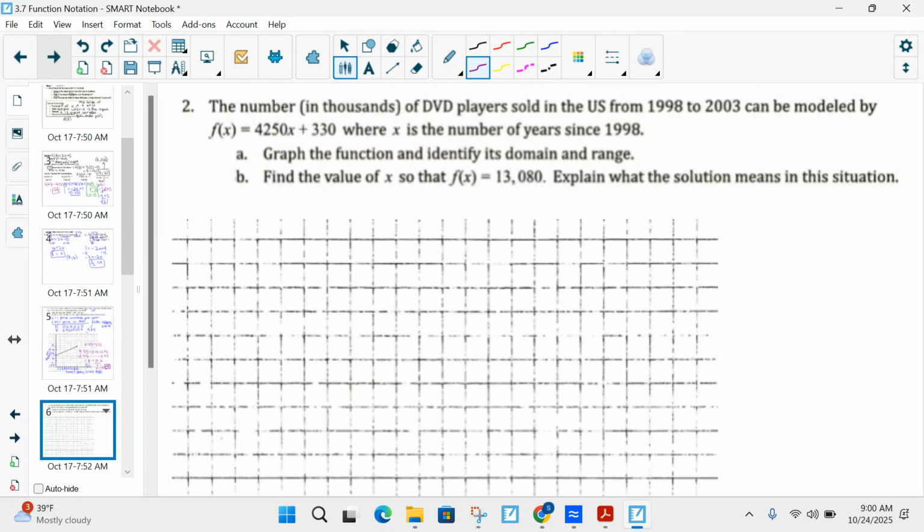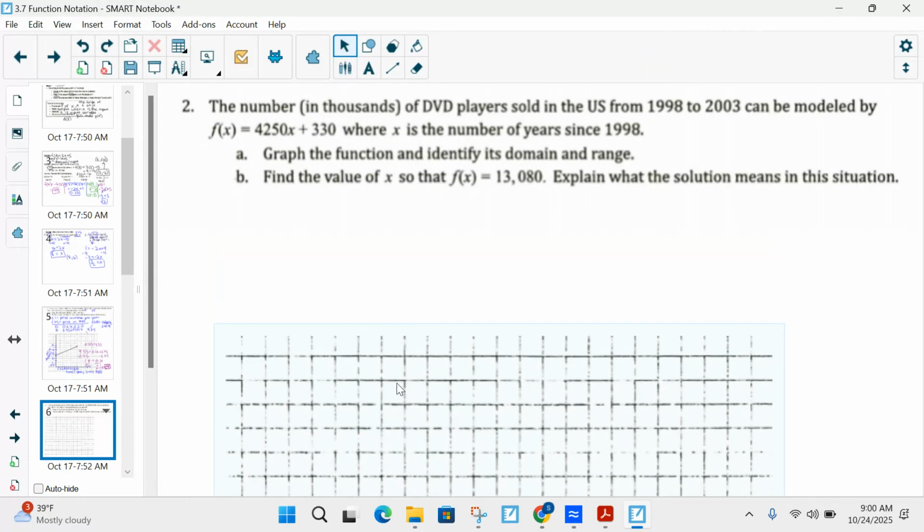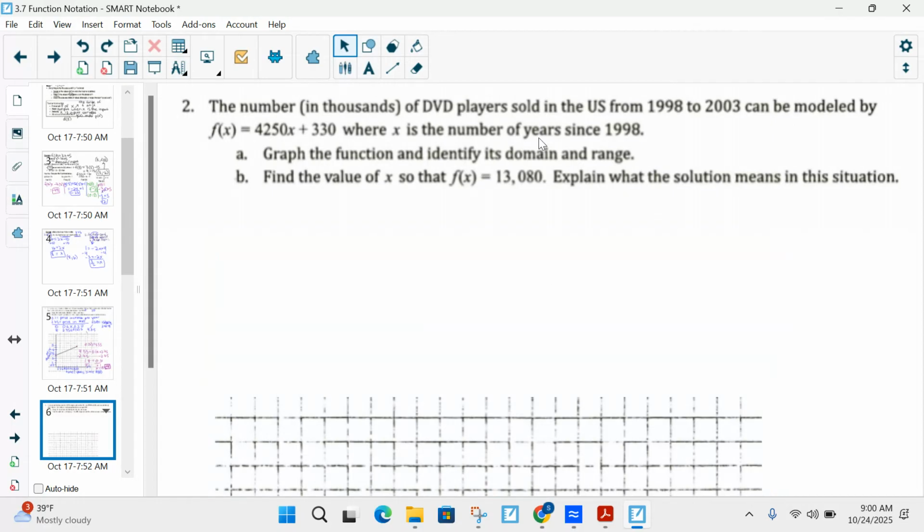All right. Next question. The number in thousands of DVD players sold in the U.S. from 1998 to 2003 can be modeled by this function, where x is the number of years since 1998. Graph the function, identify its domain and range. Alrighty, so we're going to find our domain first.